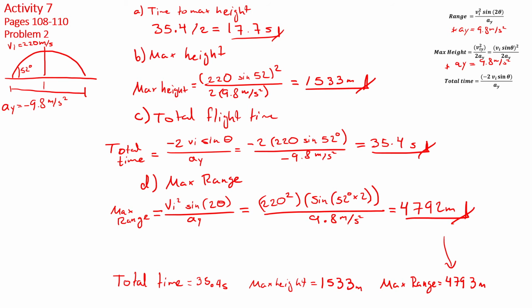Additionally, you can use these same formulas to solve problem number 1 on page 108, and it says a projectile is fired at a speed of 50 meters per second. Initial velocity equal to 50 meters per second and an angle of 30 degrees.